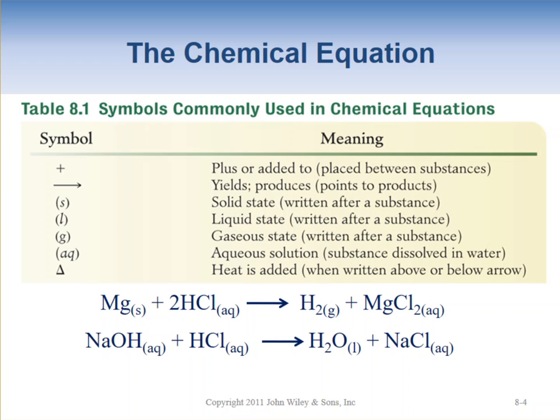S stands for solid, L for liquid, G for gas, and AQ stands for aqueous solution, meaning substances that are dissolved in water. For example, if you dissolve sodium chloride, table salt, in water, that becomes sodium chloride aqueous solution. This AQ comes from aqua.